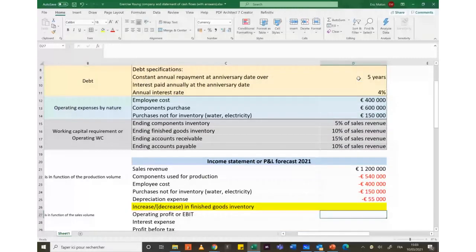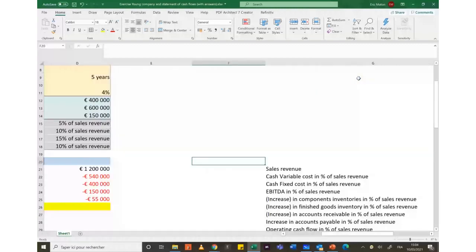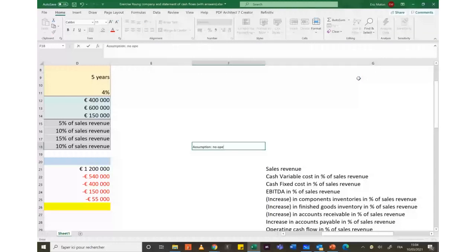During the period, we increase the finished good inventory because we don't have opening finished good inventory at the beginning. So the assumption here, from the data available, is no opening inventories at the beginning of February.